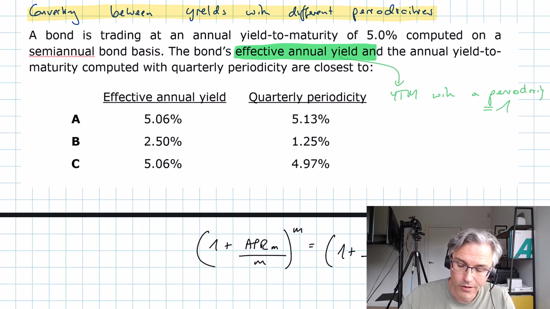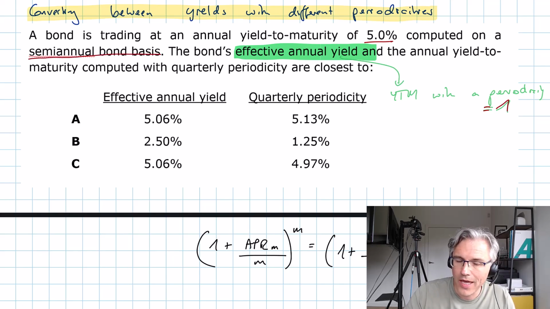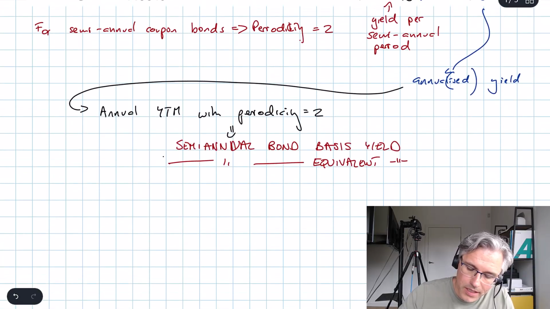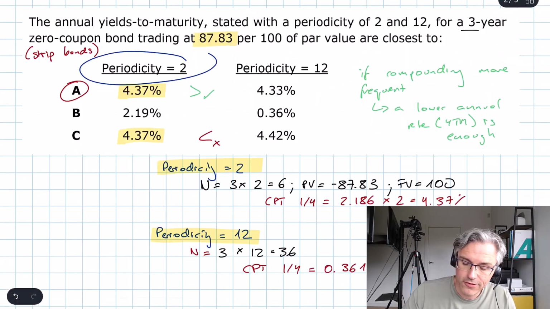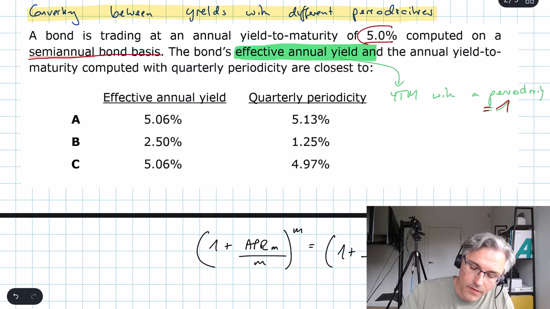So, in the first part of the question, the bond's effective annual yield, the periodicity assumption should be 1. And we're also told the yield is computed on a semi-annual bond basis. Remember, semi-annual bond basis means an assumed periodicity of 2. So what I can say is the following.